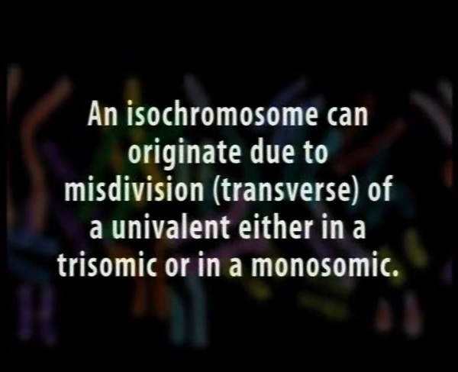So there is a univalent basically in both the cases sometimes formed, and hence that univalent undergoes a transverse division instead of the equational division. That transverse division results in the formation of an isochromosome, and hence the gamete later on formed becomes n plus isochromosome, and fertilization between such a gamete and the normal gamete results in the formation of secondary trisomic.